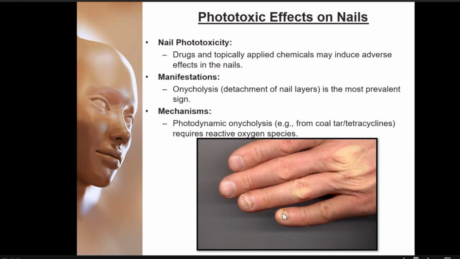It is mainly due to phototoxicity. In photodynamic, photolysis-like effects from coal tar and tetracycline require reactive oxygen species. So for this toxicity, the chemical is required to produce reactive oxygen, and due to that it produces the toxicity.